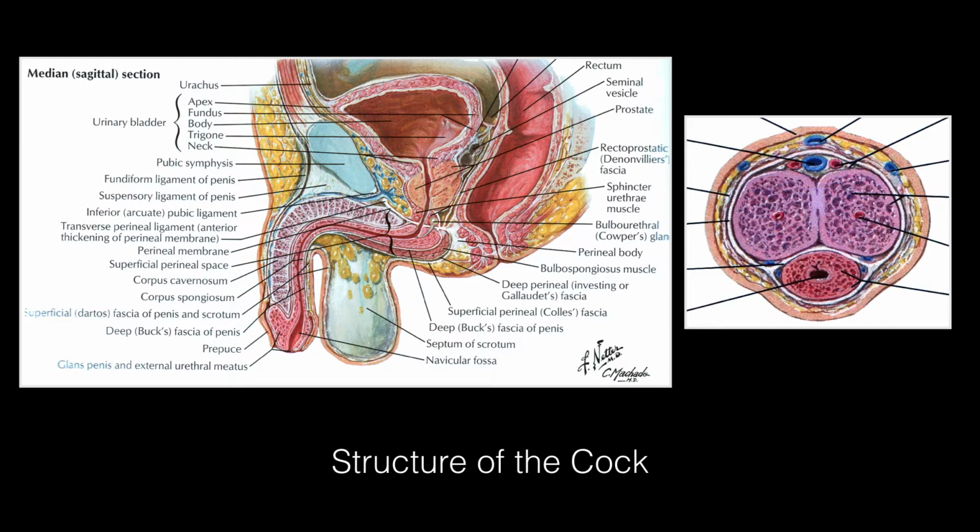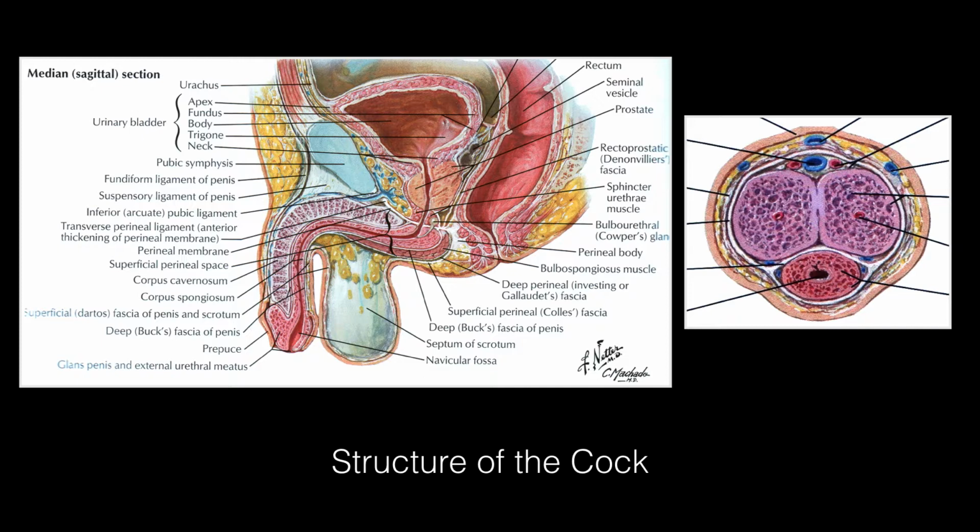Now here's the structure of the cock as if the body was cut right in half. Okay, so in this left-hand picture, you can see the back, what looks like an empty tube, that's the rectum. And the rectum comes down to the anus. And here in this drawing, it's a very small opening. The internal and the external anal sphincter are there that hold that space closed until it's ready for waste to pass out.